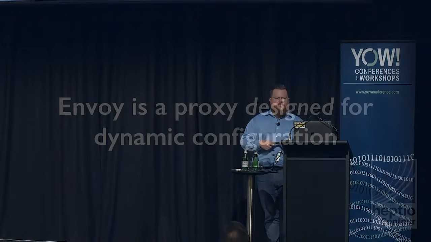So why did we choose Envoy? It turns out that Envoy is a really good match for this declarative nature of the Kubernetes API server. Envoy is a proxy designed for dynamic configuration.